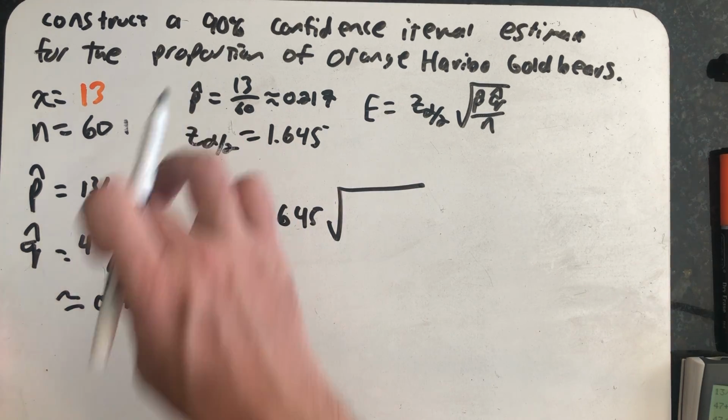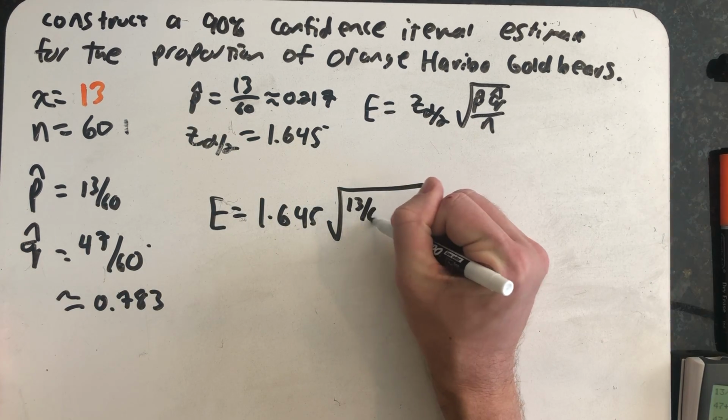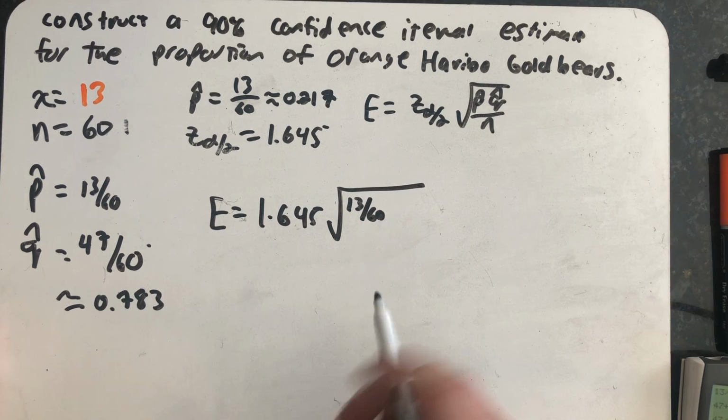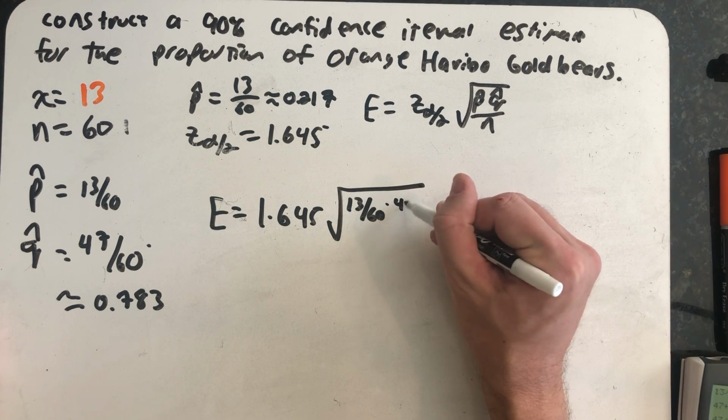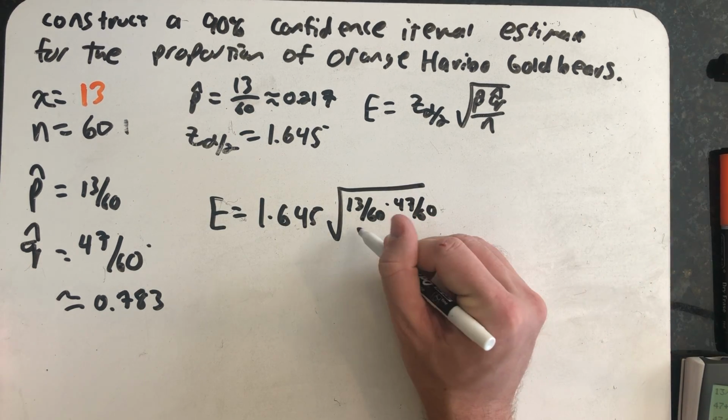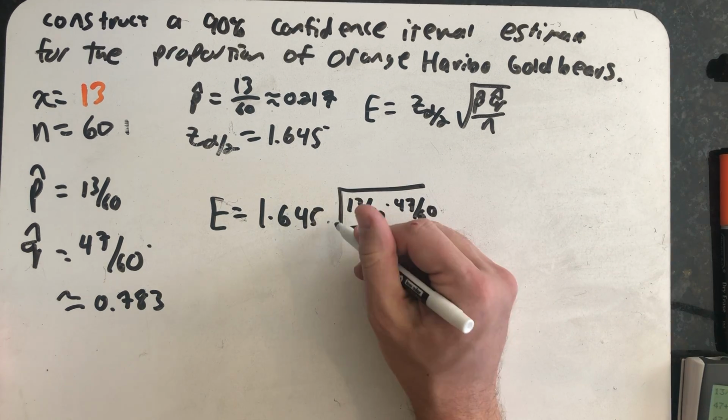All right, and I think I'm going to key in the actual fraction so I don't have to round anything, though I don't think we're going to increase the error here too much by using the rounded figures.